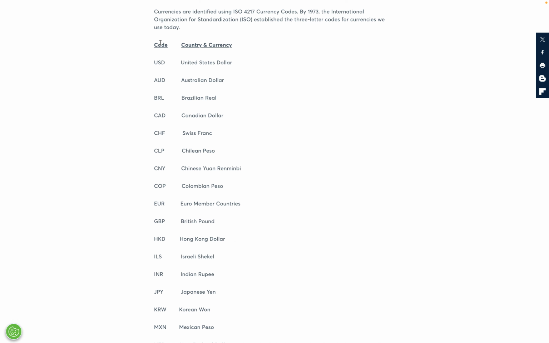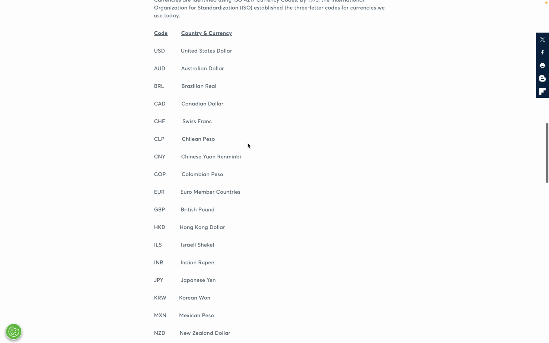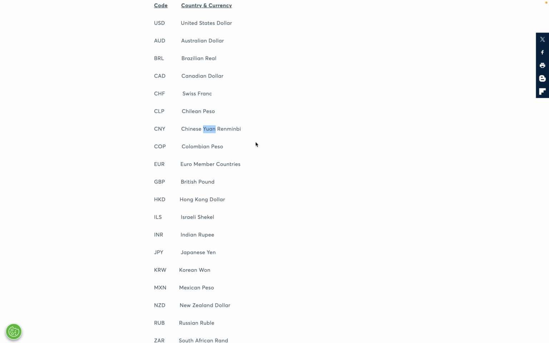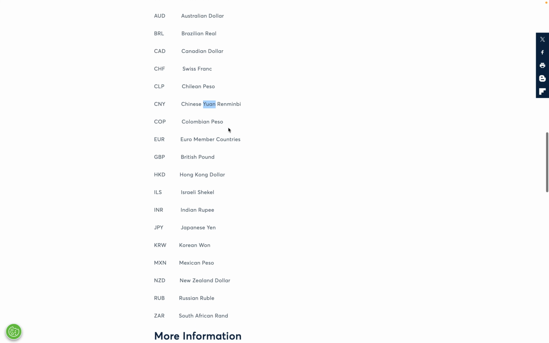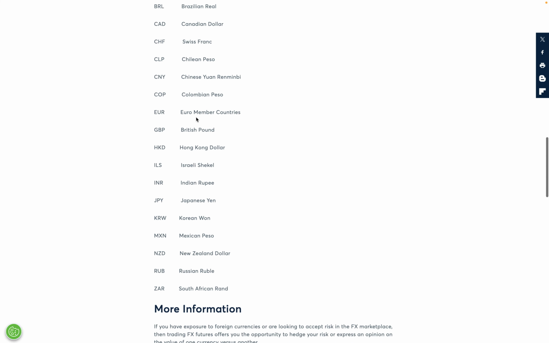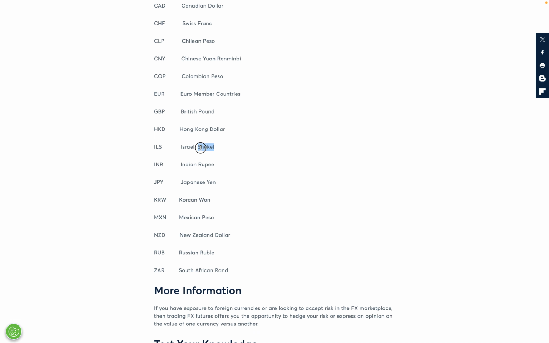US dollar, USD, Australian dollar, AUD, Real, Canadian dollar, Swiss franc, Chilean peso, Chinese yuan, Colombian peso, euro, British pound, Hong Kong dollar, Israeli shekel, Indian rupee, Japanese yen, Korean won, Mexican peso, New Zealand dollar, Russian ruble, South African rand.